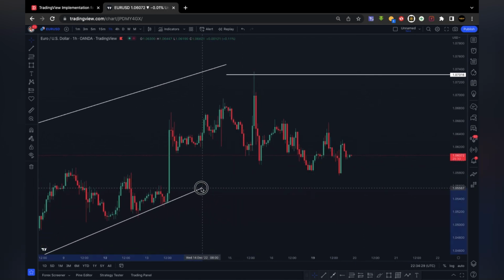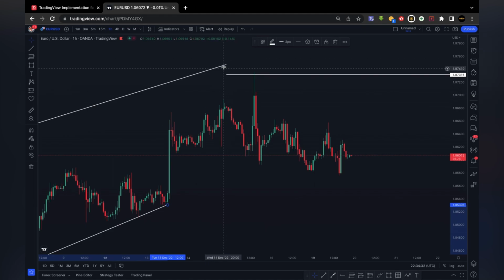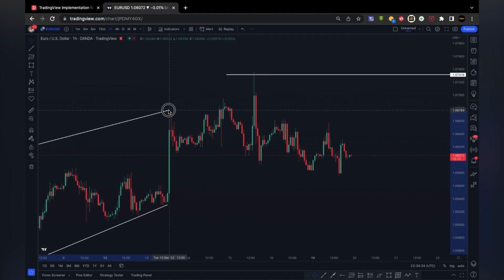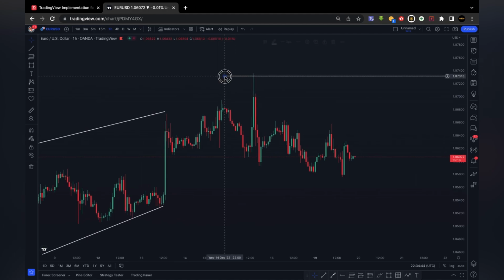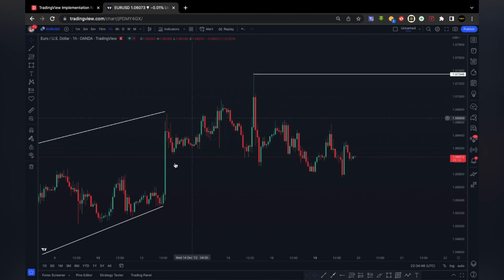Now we have this, so let's not interrupt it. Let's put it right there and also have this here. Like I said, try to always remember me talking about impulsive corrections. Now this is an impulse to the upside. We have this correction, right? You see what the news did here.